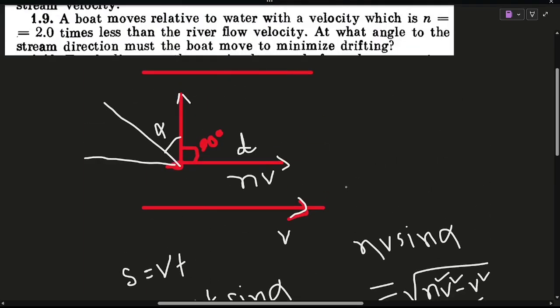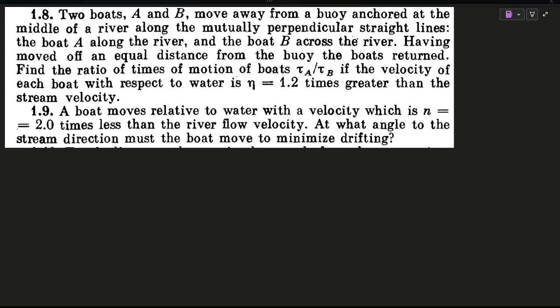Let's move on to the next math. A boat moves relative to water with a velocity n times less than the flow velocity.